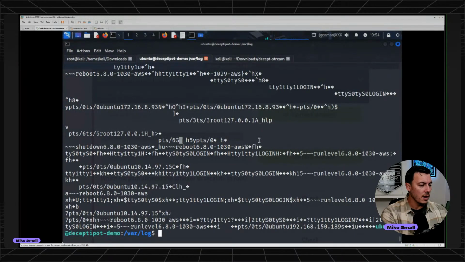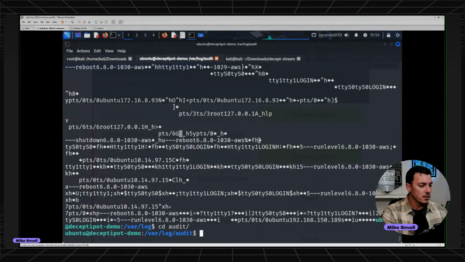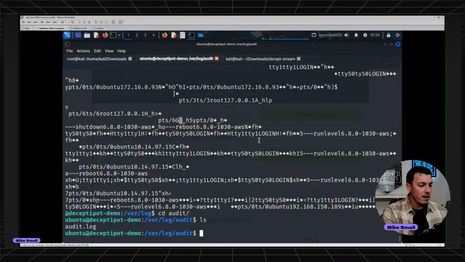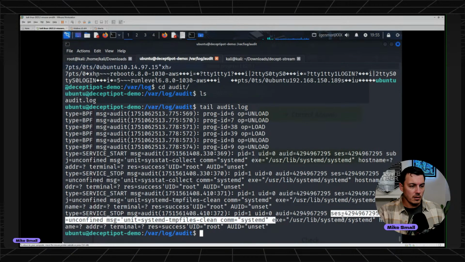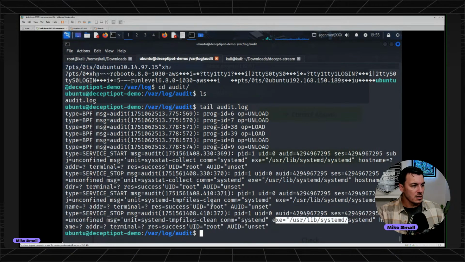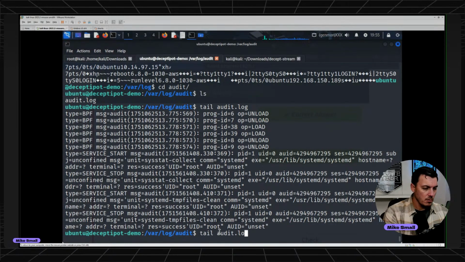But let's go to audit, cd audit, ls. So we have one log in here, and if we do tail audit, we can see a bunch of different things in here. What we want to look at is that we can see execution here, which is interesting. So we can see stuff actually being executed. Let me see what the command is.